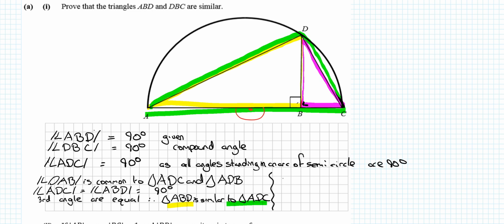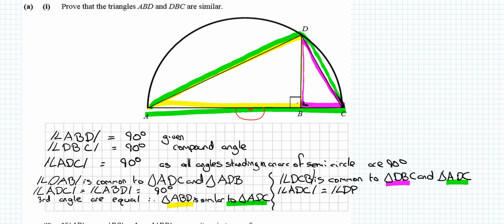I'm going to continue and go the angle DCB is common, it's in both, to triangle DBC and triangle ADC. The measure of the angle ADC is equal to the angle DBC.